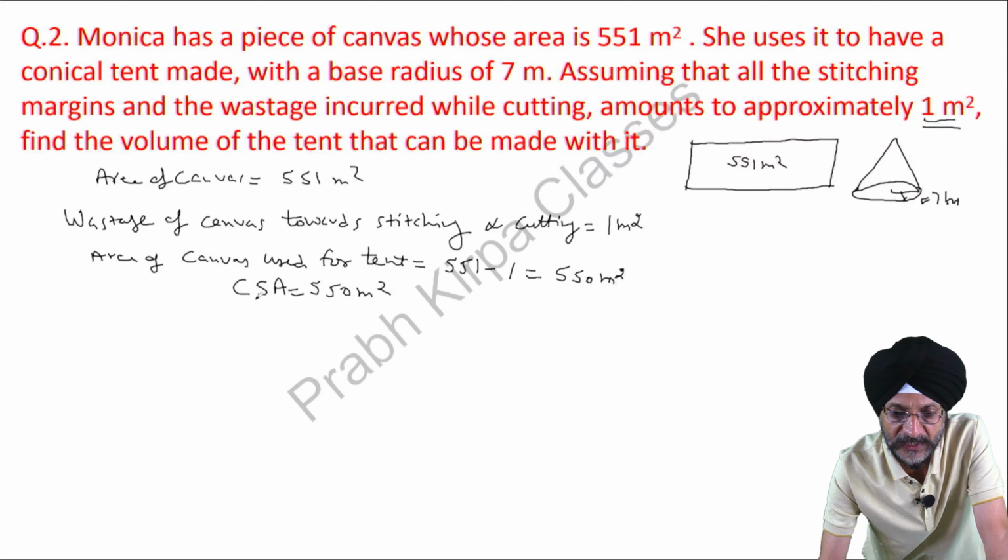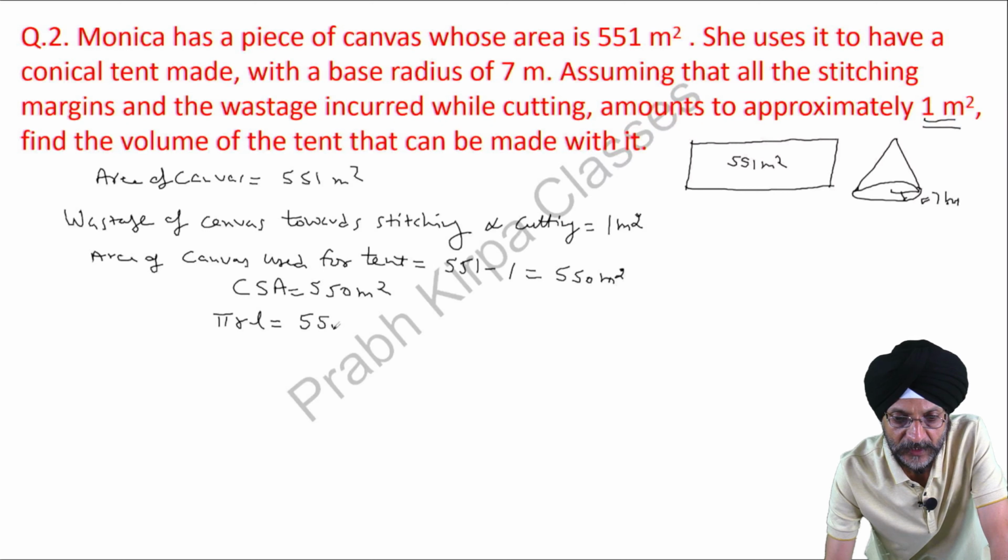So now what is the formula of curved surface area? Curved surface area is equal to pi r L. It is 550. Now what is the value of pi? It is 22/7. What is the value of r? R is 7, into L is equal to 550. 7 cut 7, 22 L is equal to 550. What is the value of slant height?